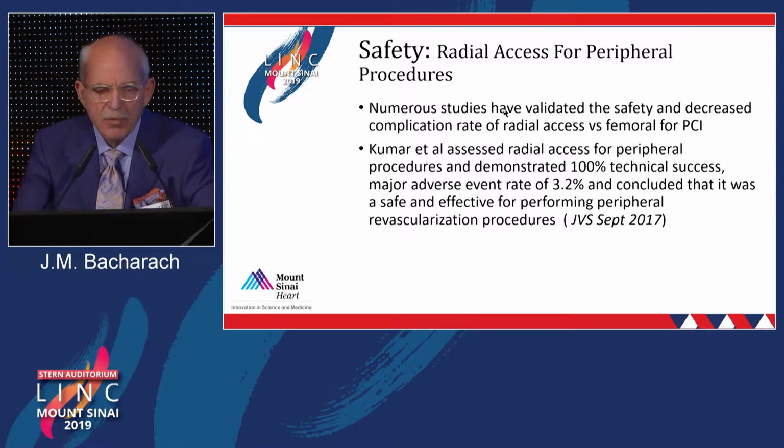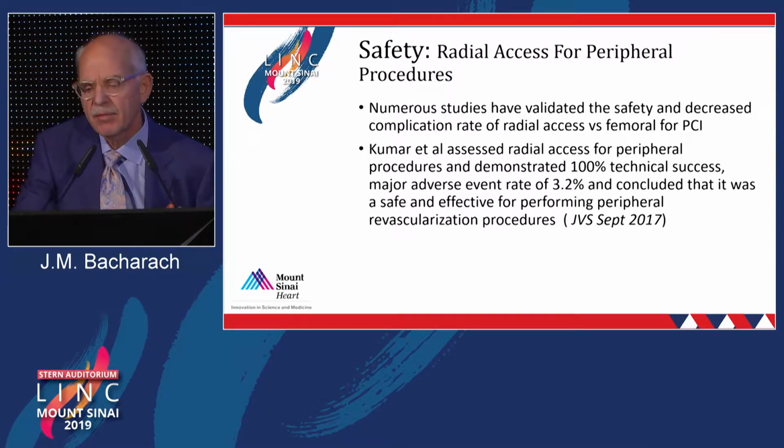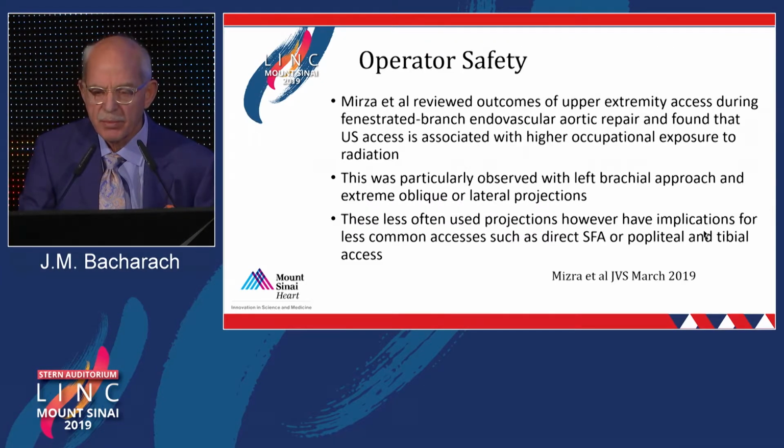Radial access for peripheral procedures has been determined to be safe, with a decreased complication rate of radial access versus femoral for PCI. Kumar et al. assessed radial access peripheral procedures and demonstrated a very high degree of technical success, 100%, major adverse event rate of only 3.2%, and concluded that it was safe and effective for performing peripheral revascularization procedures.